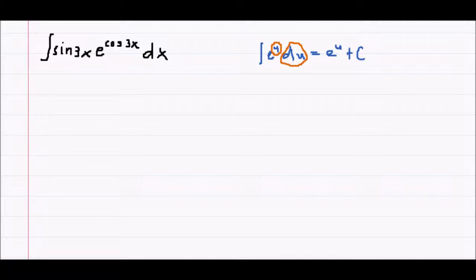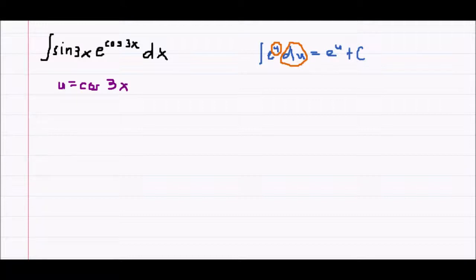So let's try it with our given integral. In this integral, what is our u? Our u is cosine 3x. I almost forgot the x.